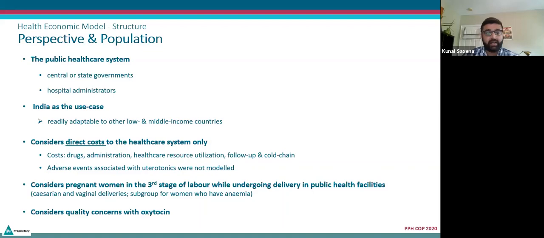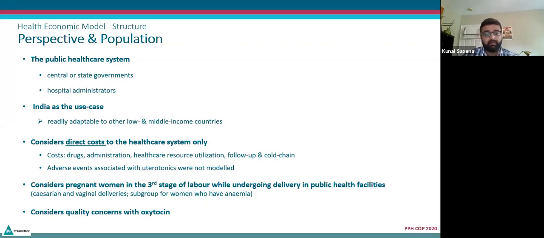And as I mentioned, India was the use case, but this model is very readily adaptable to other low and middle income countries. We are only looking at direct costs, which are relevant to the healthcare system. So that will include costs related to the drugs, administration, healthcare resource utilization associated with PPH prevention, follow-up and cold chain costs and such. Adverse events associated with uterotonics were not modeled in this model.